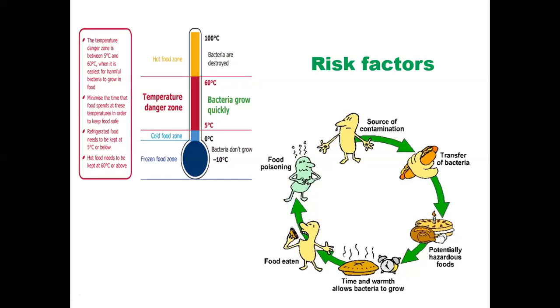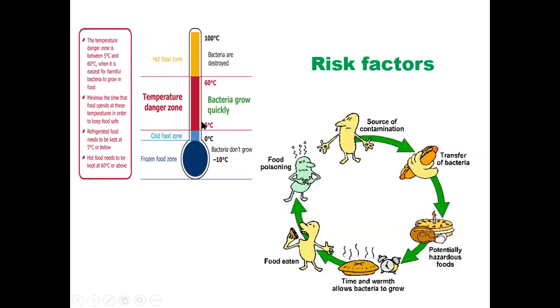Now, what temperature range is regarded as the danger zone? It's usually the temperature between 5 degrees and 60 degrees centigrade. Because below 5 degrees, you have the cold and the frozen food zone. At this temperature, bacterial metabolism is slowed down. The temperature does not really support bacterial metabolism, so they don't grow, they won't be producing toxins. At the hot food zone, which is above 60 degrees, the organisms are actually destroyed, so there's nothing to produce toxins.